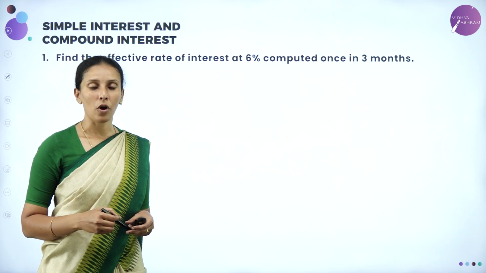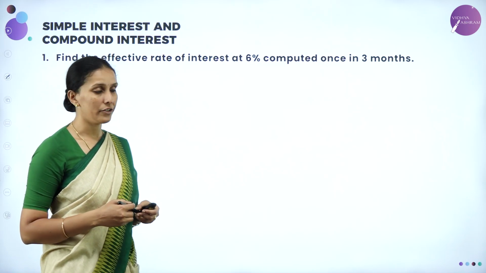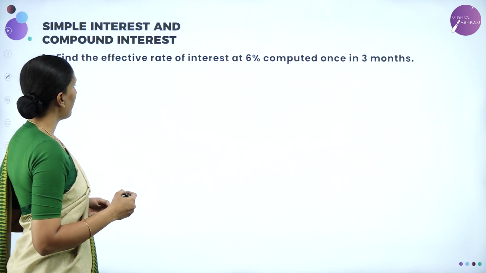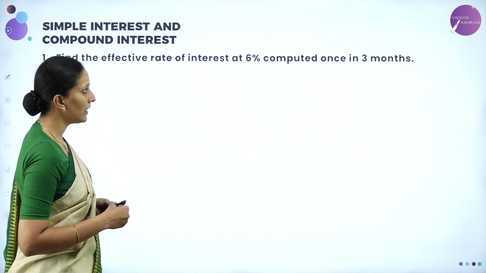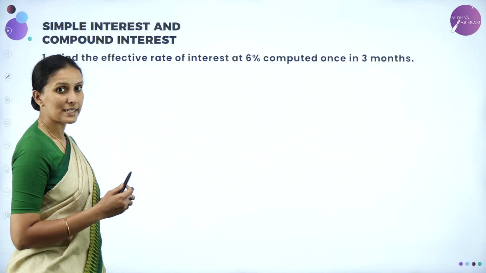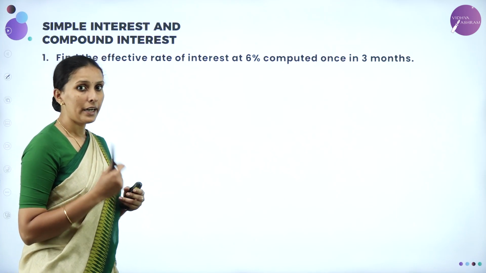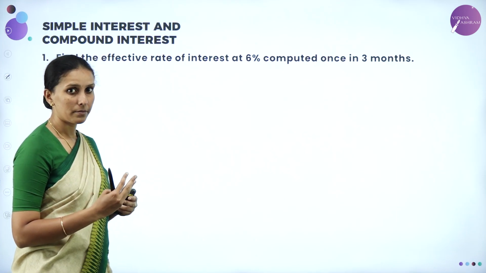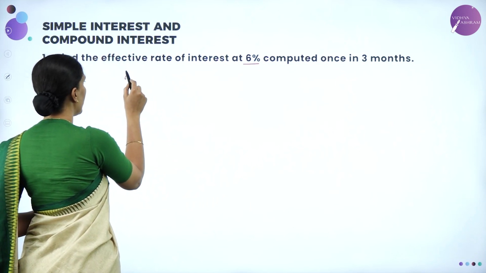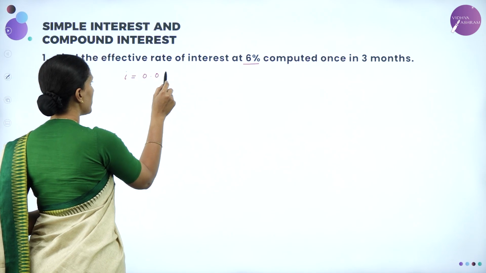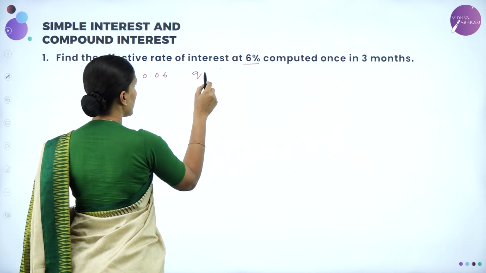Now let us take the problems on effective rate of interest. Find the effective rate of interest at 6% computed once in 3 months. So when we say once in 3 months, in a year it is calculated 4 times, and the rate of interest is 6%. So here I is equal to 0.06 and Q is equal to 4.